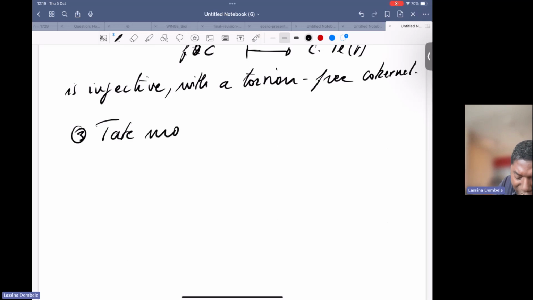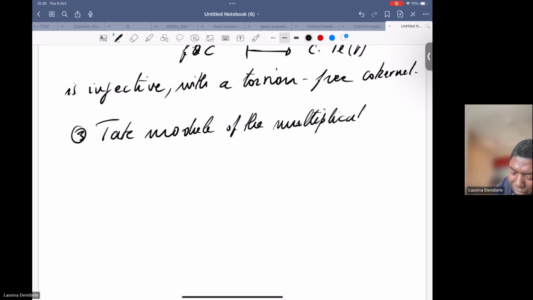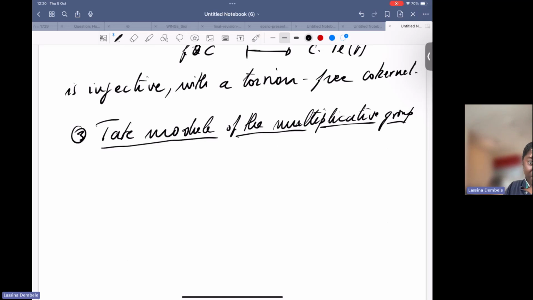So, the Tate module of the multiplicative group. If you look at what we've done so far, you can define the Tate module for basically any group scheme in essence.